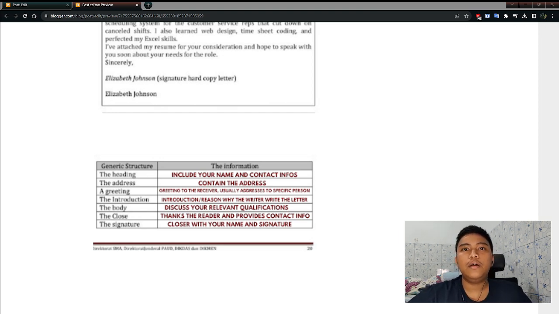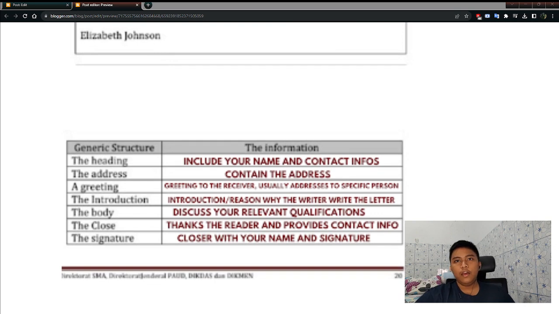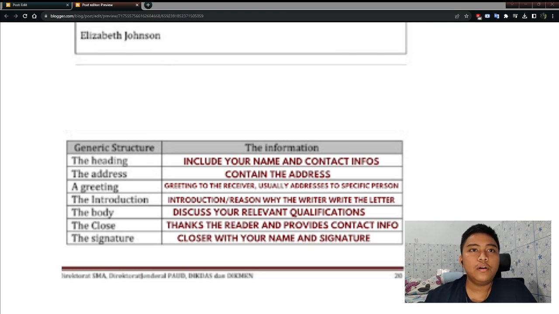You have to talk about something in every structure of the letter. The first one, the heading. In the heading, you have to include your name and your contact info, and that's pretty much all.